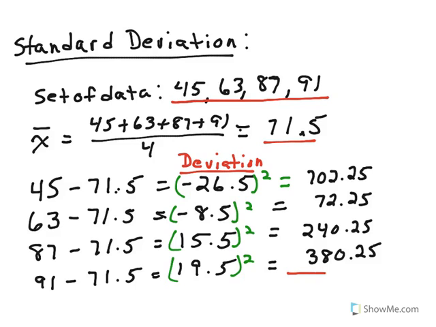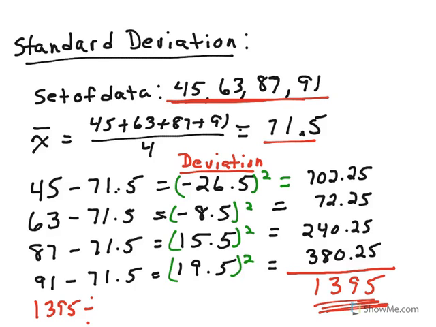Now we need to find the sum of those squares. And we add all these numbers up, 702.25, 72.25, 240.25, 380.25, and that gives us 1,395. Then we take that 1,395 and we divide that by how many values there are minus 1.